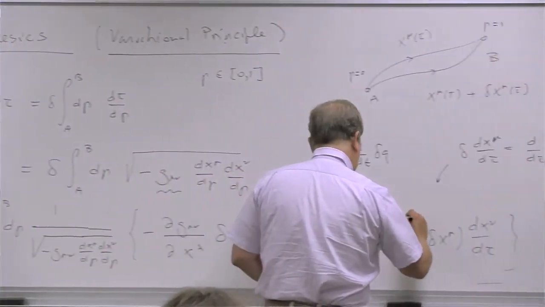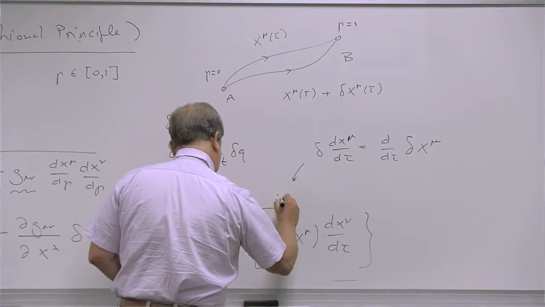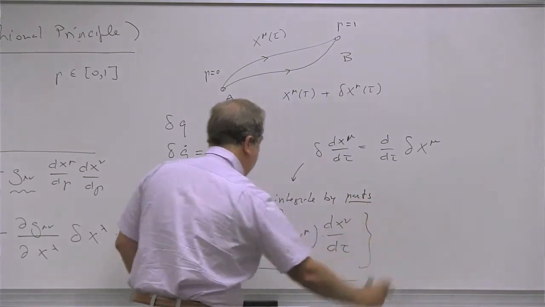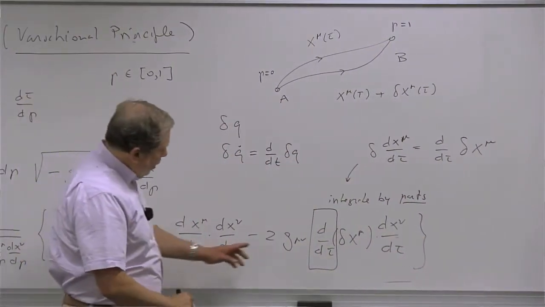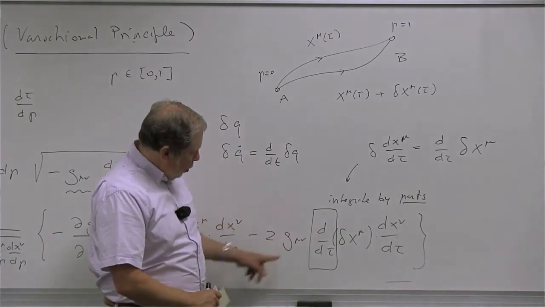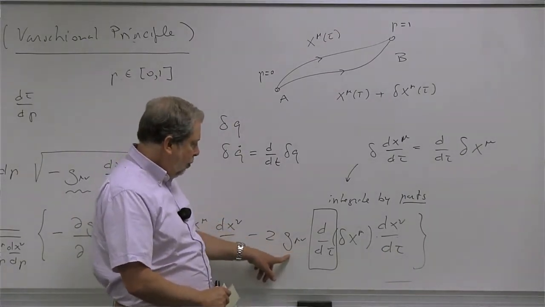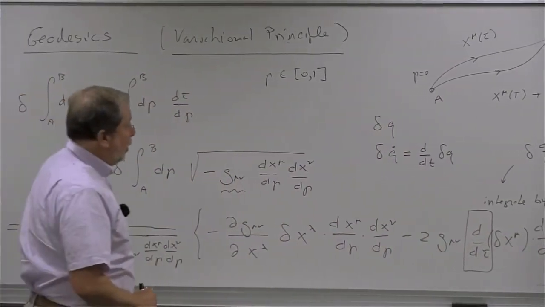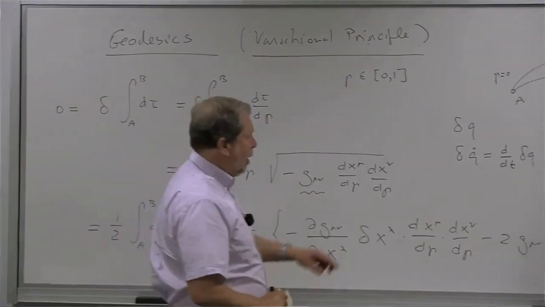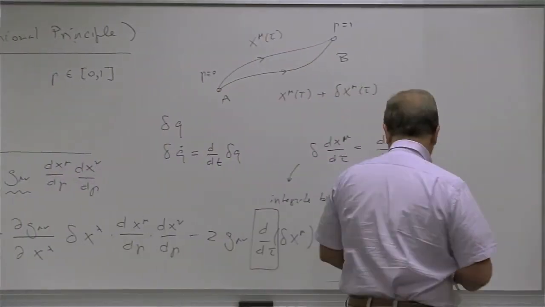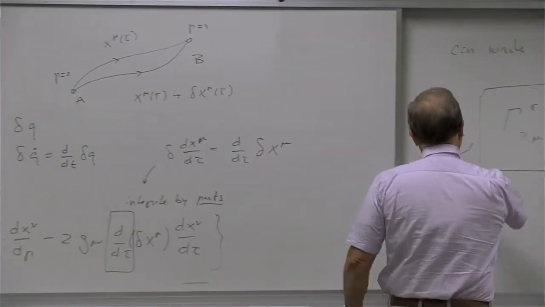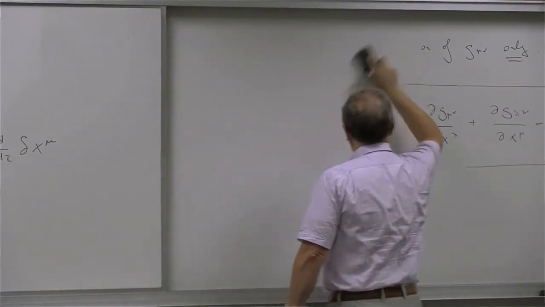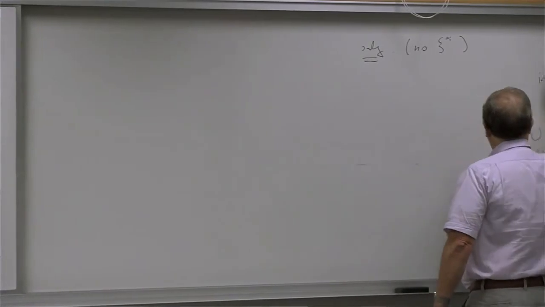So we integrate by parts this derivative, which means that we're going to rewrite the derivative as something that acts on the rest of this expression, which is the g mu nu and this other derivative here. Now, when we integrate by parts, we have to keep in mind another thing, namely that the variation of the path is 0 at the two endpoints, which means that we just get another integral and no boundary terms. The boundary terms are 0 because the variation is 0 at the endpoints.